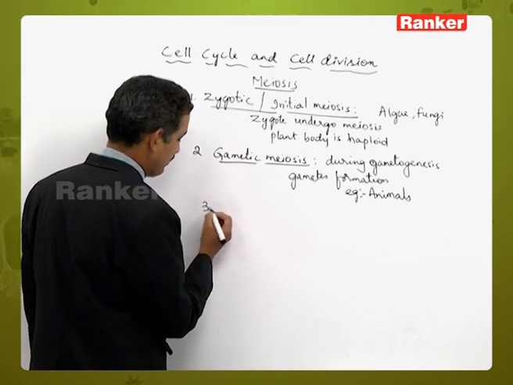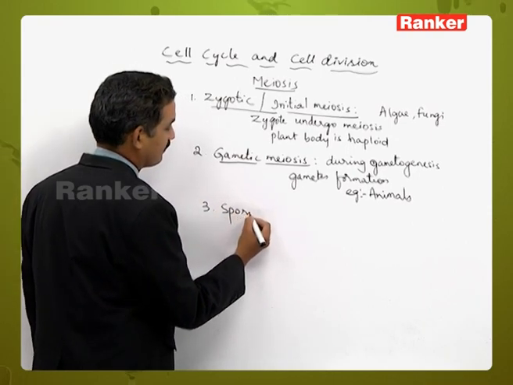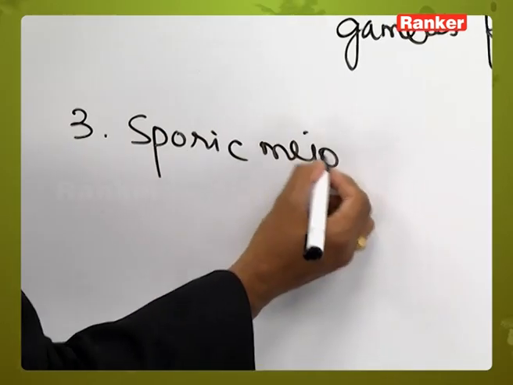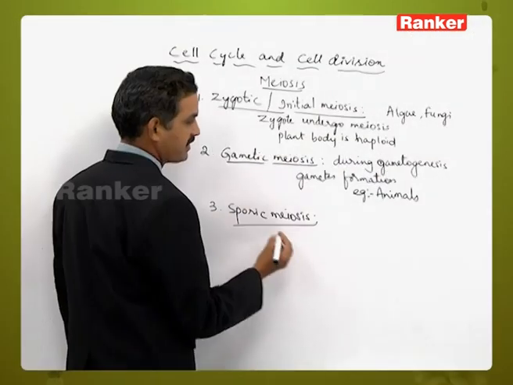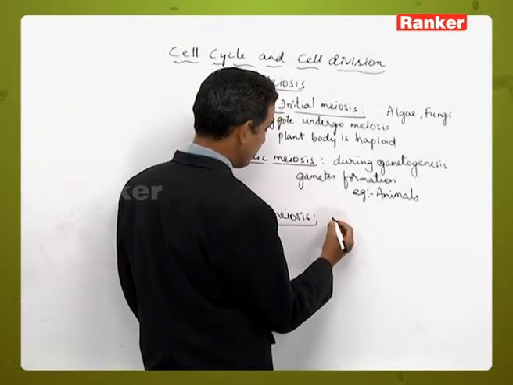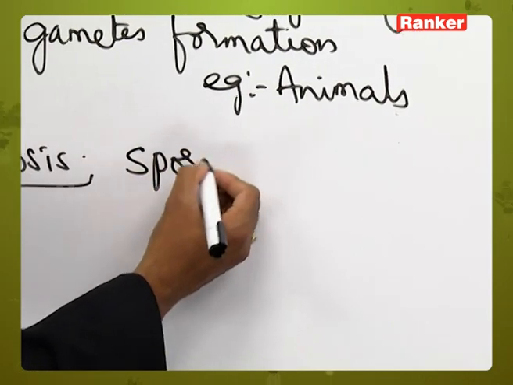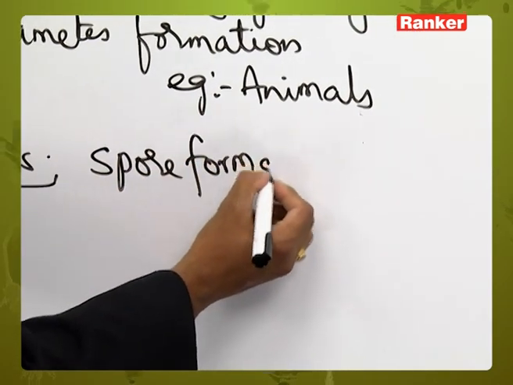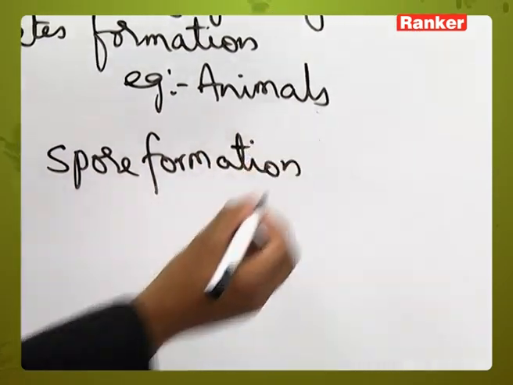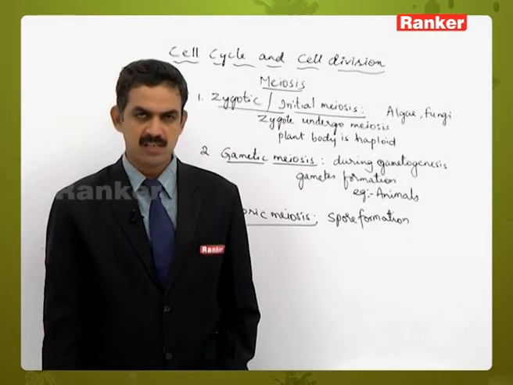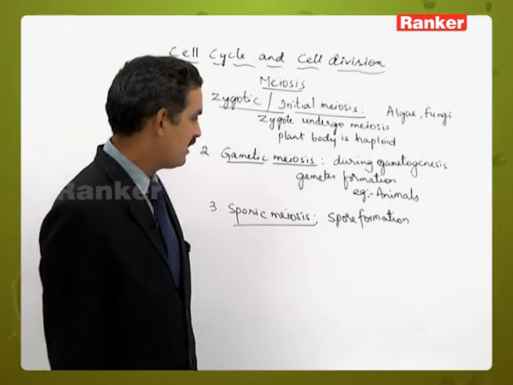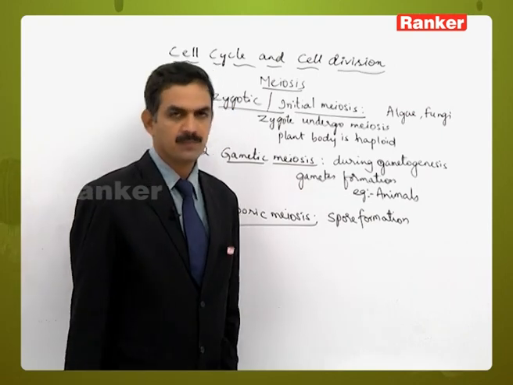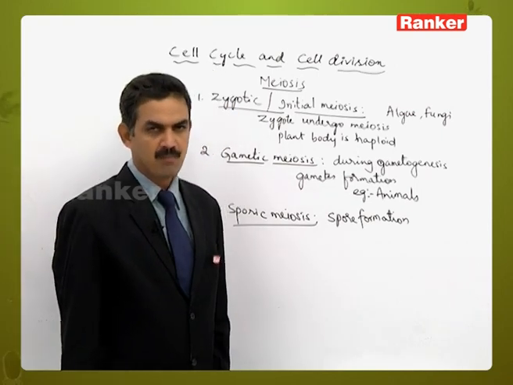Then sporic meiosis. This is the meiosis which occurs during spore formation, or it may occur in the spore mother cell, the microspore mother cell, or the megaspore mother cell, resulting in the spores, the microspores or the megaspores.